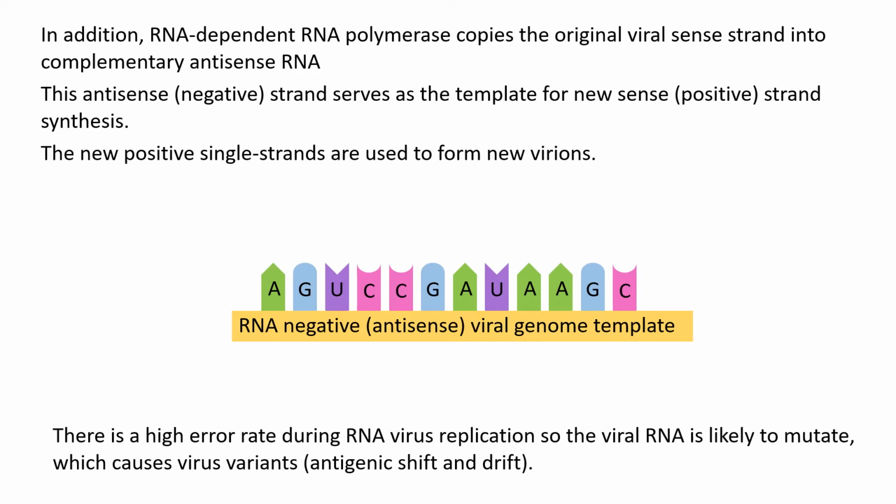So the viral RNA is likely to mutate, and this gives us all those virus variants, the antigenic shift and drift. It might be a difference in a binding protein or anything else in that virus that will then be replicated again. So in other words, we've got the same virus, but now we've got a variant.